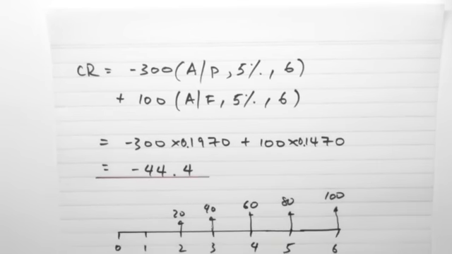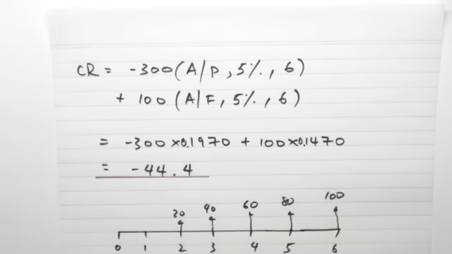We just need to go to our interest rate table and find annuity given present value, 5% and 6 years. We find that factor to be 0.1970, and that's what we're going to use to convert our initial investment cost into an annuity.